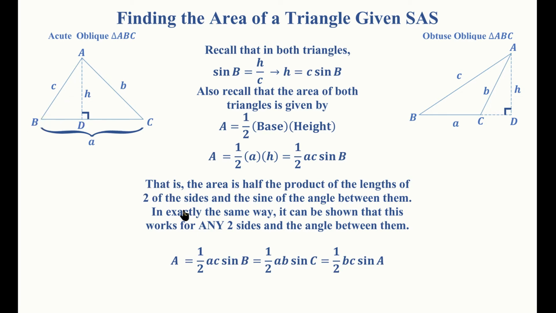Now, if we had started with another angle, we would have been able to accomplish the same thing for each of the three angles and the sides that surround them. So basically, the one we derived here is 1/2 AC sine B, but you could easily have gotten 1/2 of A times B times sine of C, or 1/2 of B times C times sine of the angle between them, which is A.